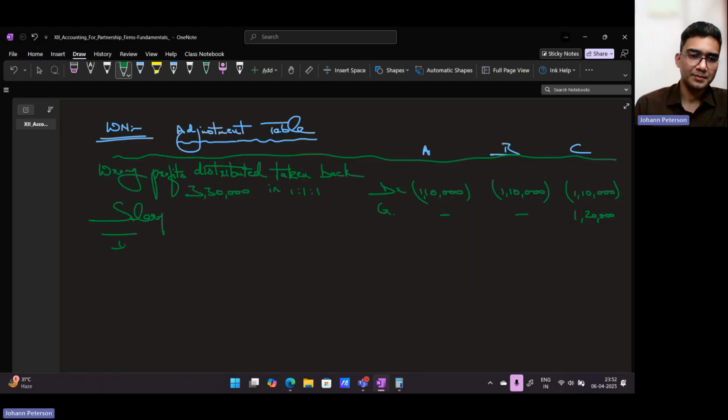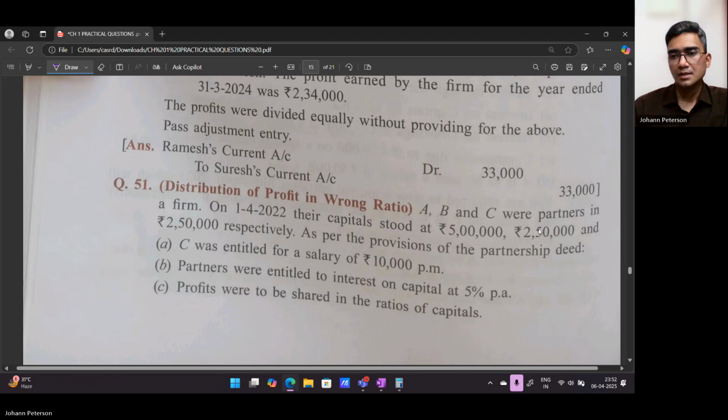So interest on capital, again a credit item. This is 25,000. So B it is on 250. 10% is 25,000, so 5% will be 12,500.